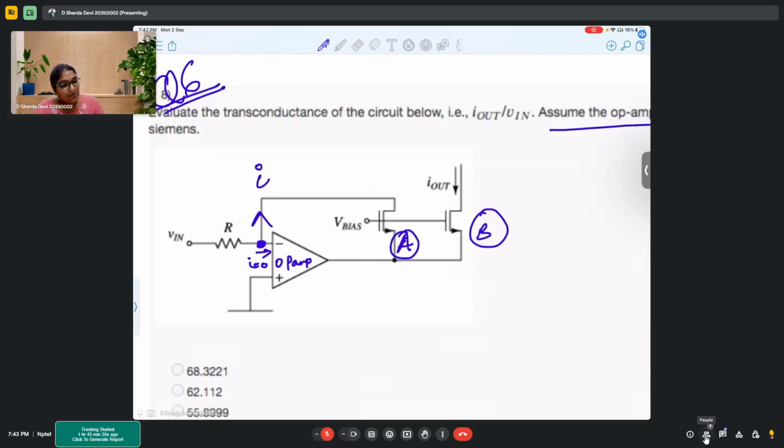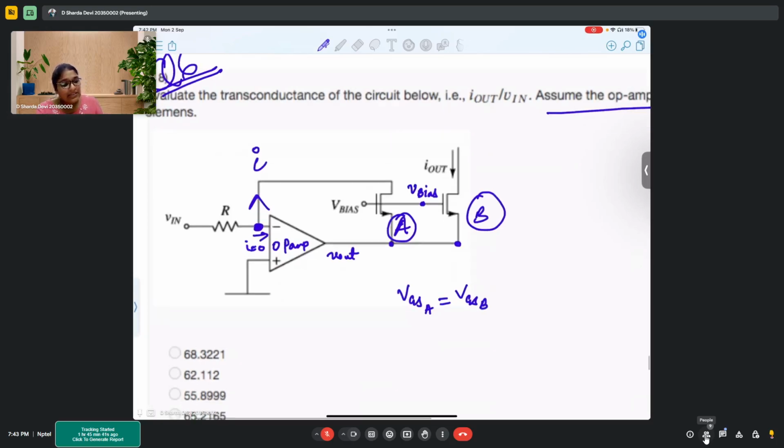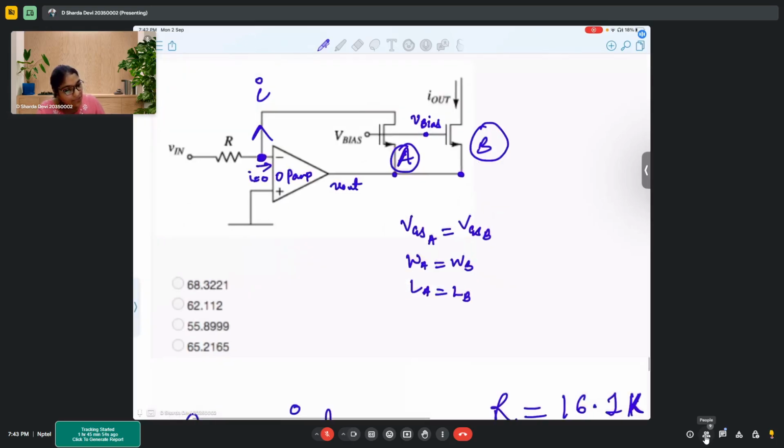Now you see here also the voltage is Vbias. Here it is Vout. So both the points are at Vout. That means VGS A equal to VGS B. There is no information given about the transistors, so we consider that the transistors are matched. So that means WA equal to WB, LA equal to LB. Now, if you write the current equation, how will it look? For transistor 1, IA is K WA by LA times (VGS A minus VT) whole square.